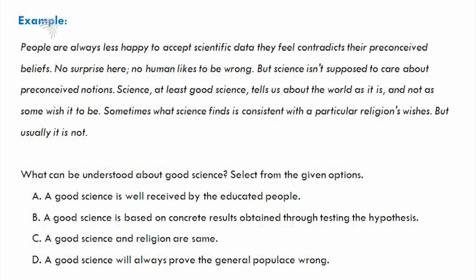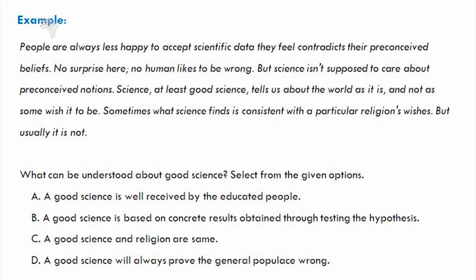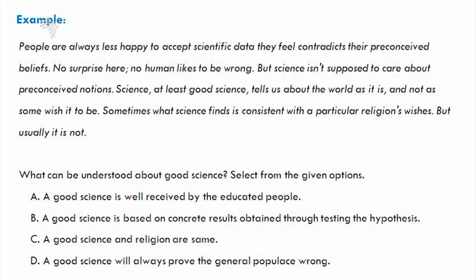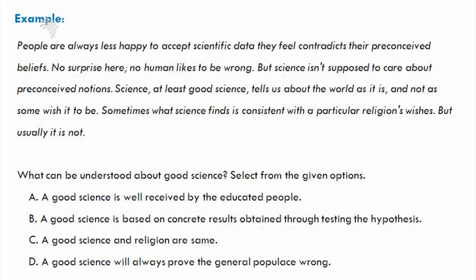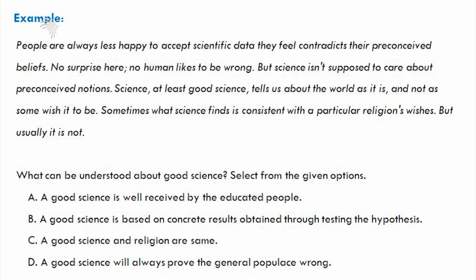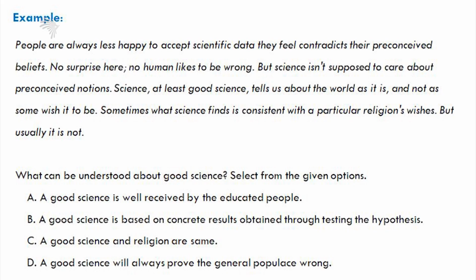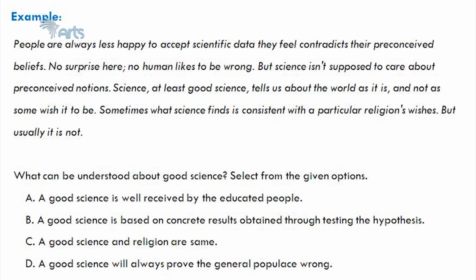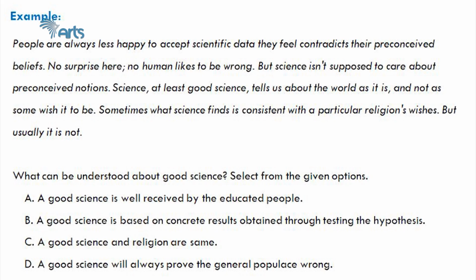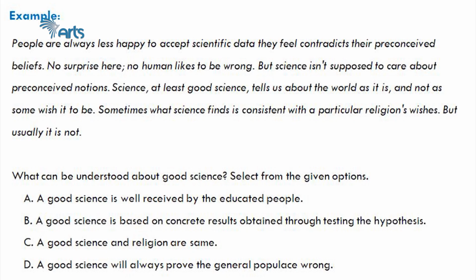And as you can see, the paragraph deals with this. It doesn't try to relate science with religion, and it doesn't say they follow the same way. So B would be the most appropriate inferred conclusion from the passage. The last one, D, talks about good science always proving the general populace wrong. This is totally out of context.